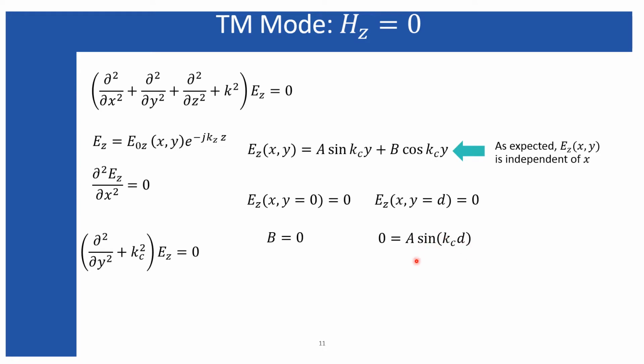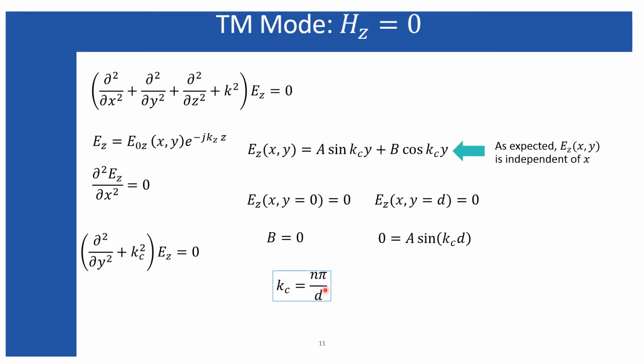And when the sine factor is 0, that defines this kc, which you can find as n pi divided by d. So from the general solution of sine, you can easily find what will be the cutoff wave number. Now you know the cutoff wave number if you know the dimension. Obviously you should know because you are designing the parallel plates.